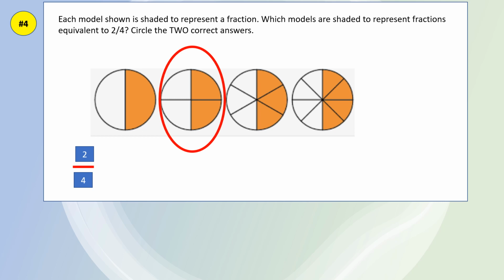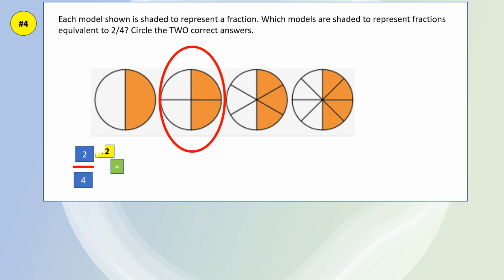Now, remember, to find equivalent fractions, you can count by the same number at the top or add it to itself, and you do the same to the bottom. All right, we also call it doubling, right? So let's double it and see what happens. All right, so let's start with the numerator, which is the top number.